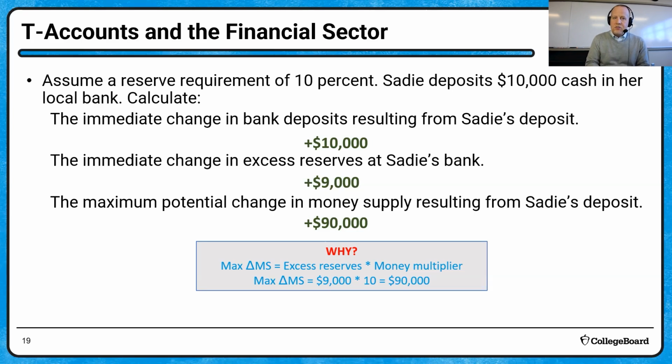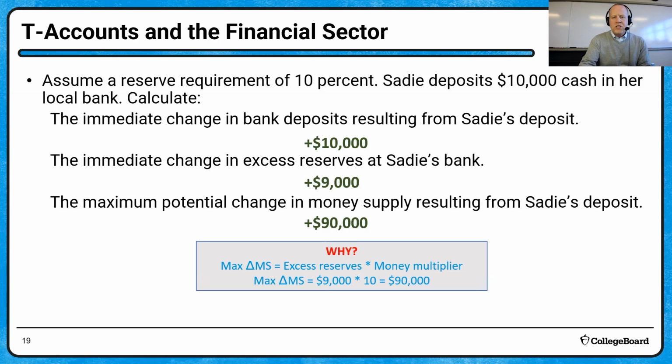We take that $9,000 excess reserves, multiply it by 10. Sadie's $10,000 deposit could potentially create $90,000. Again, assuming all excess reserves are loaned out, all loans are redeposited in the banking system. As soon as it says maximum potential, we know those assumptions apply.